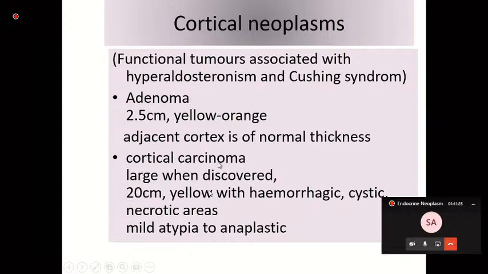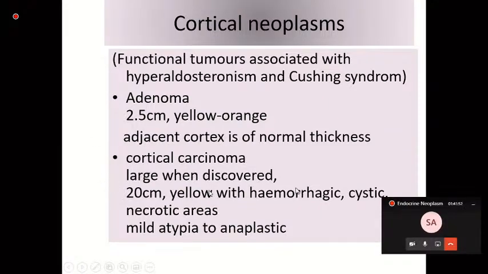Both adenoma and carcinoma are associated with hypersecretion of aldosterone and cortisol. It leads to hyperaldosteronism and Cushing syndrome. Most of the adenomas are adjacent to the normal cortex, so they arise from the cortex of the adrenal gland.